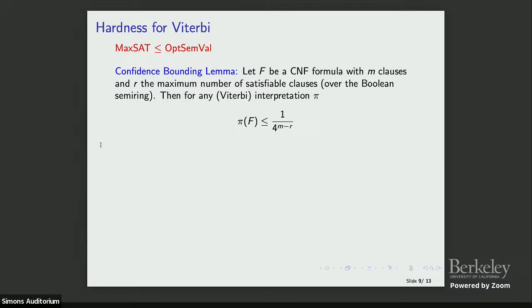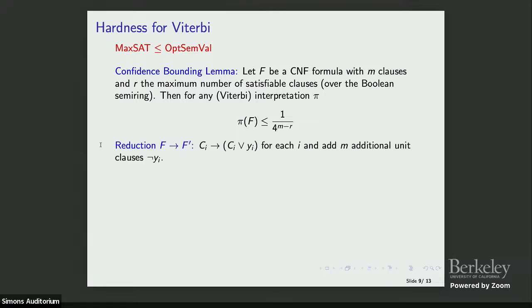It's basically saying that if I have a MaxSAT instance with r being the maximum number of satisfiable clauses, then you cannot get better than that. It uses a basic analysis of this formula.